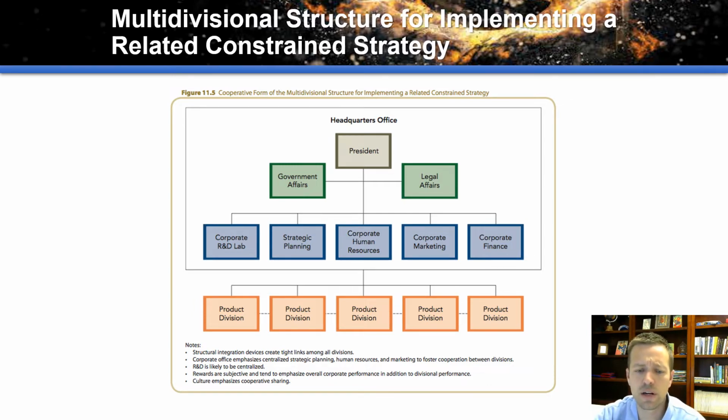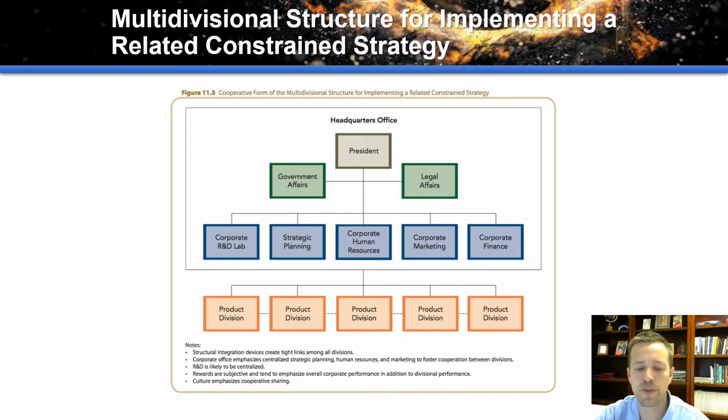R&D, though, is very likely to be centralized, so it says corporate R&D lab. These functions are all working together and informing what goes on at the product division level. Rewards are subjective and tend to emphasize overall corporate performance in addition to divisional performance.